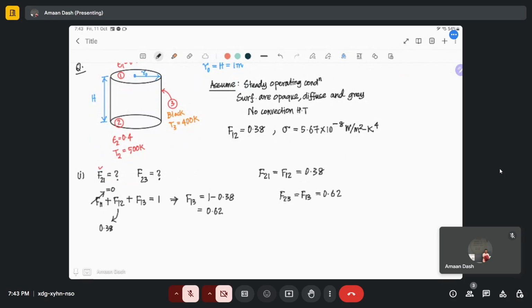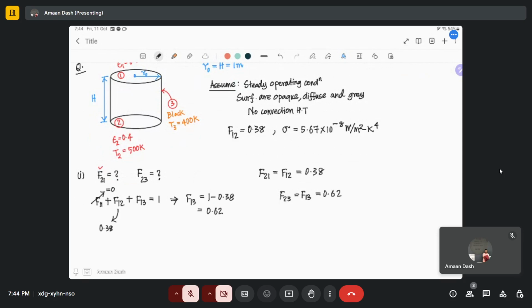So F13 is equal to 1 minus 0.38, which is 0.62. So this is F13.